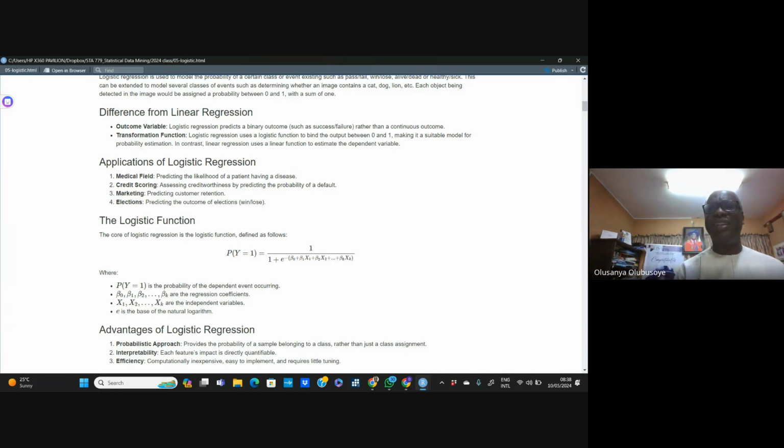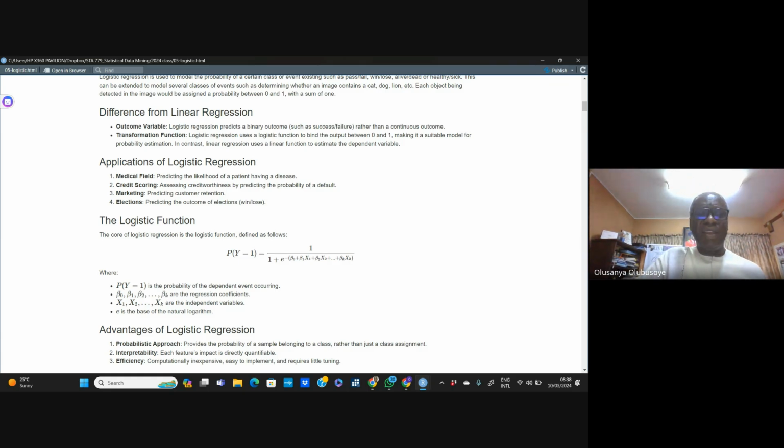To bind the response to values that will lie between 0 and 1. So this expression is borrowed from the logistic function. This part that you see, beta naught, that is the linear component. So it's transforming that linear component.